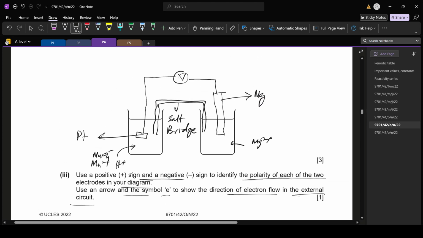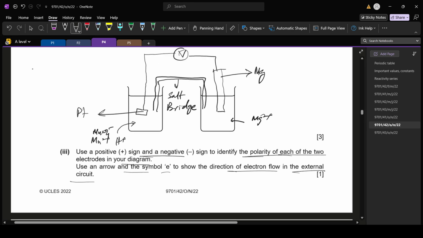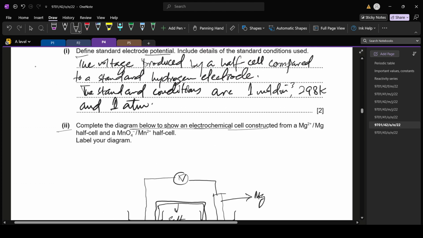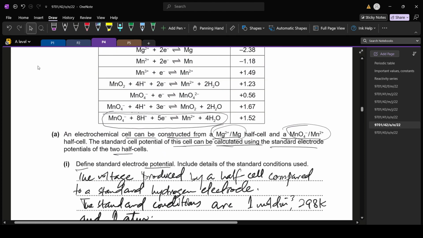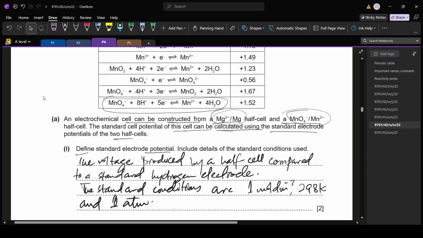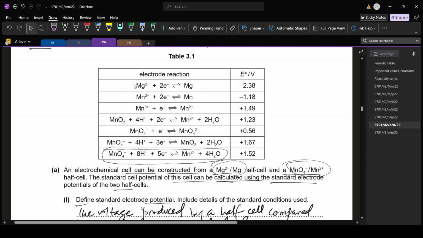So which of them will be a positive electrode and which of them will be negative? Let's first find out which one is anode and which one is cathode. At cathode, reduction occurs, and at anode oxidation occurs.